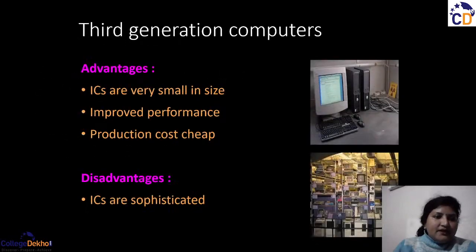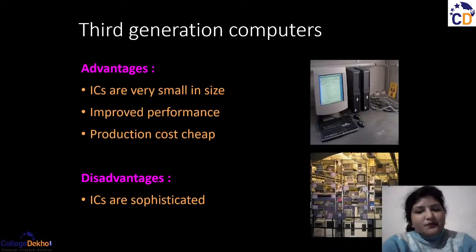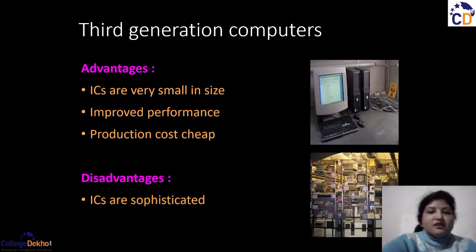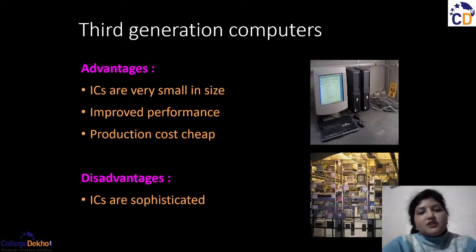Let us see the advantages. You may see the picture also. Such a big system we used to have earlier, and now we come to a small area. ICs were very small in size, no need for transistors, no need for vacuum tubes. Improved performance and efficiency, and production cost was cheap.